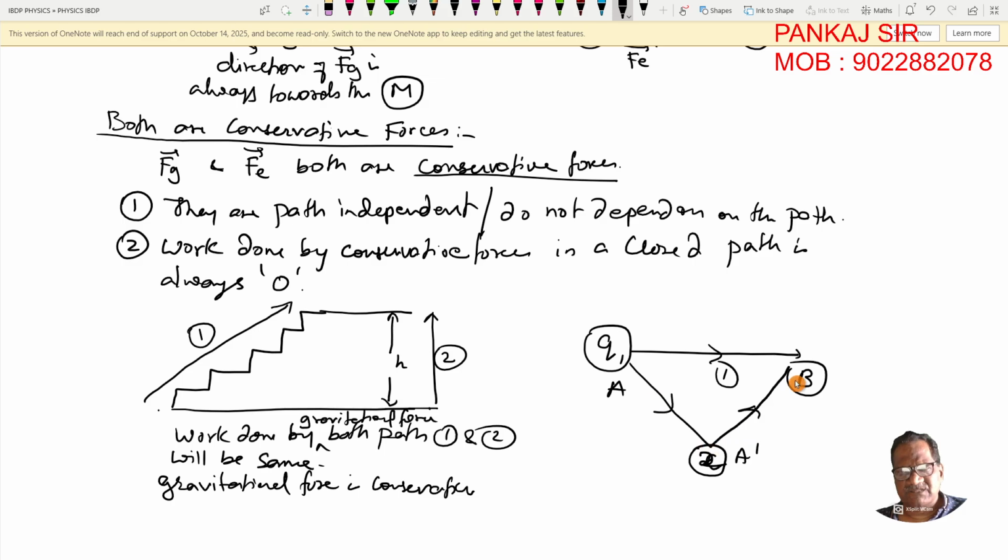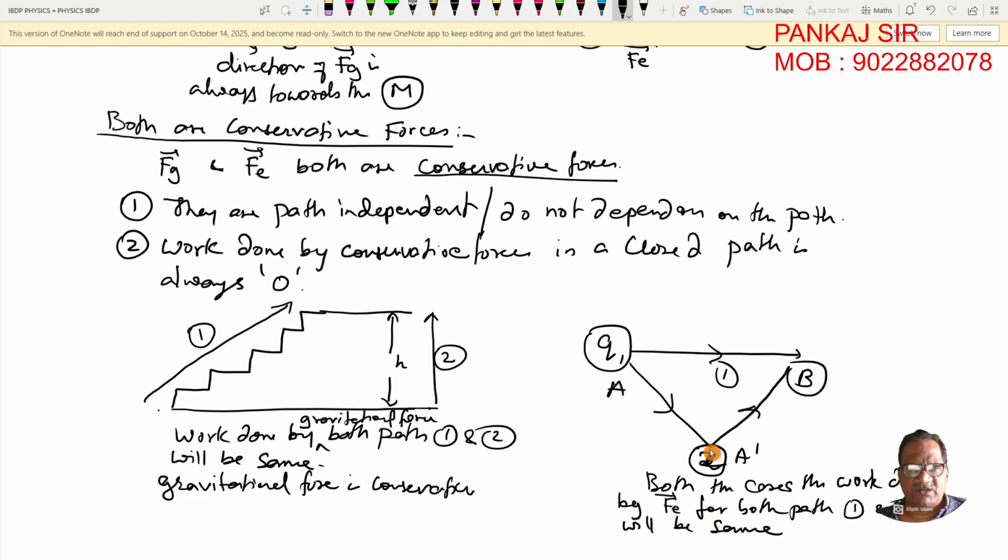If you go this way, in both the cases, the work done, in this case the work done by the electrostatic force, for both path 1 and 2 will be the same.